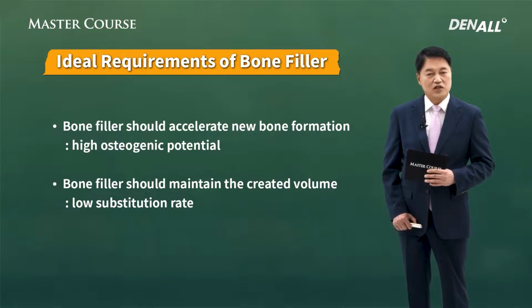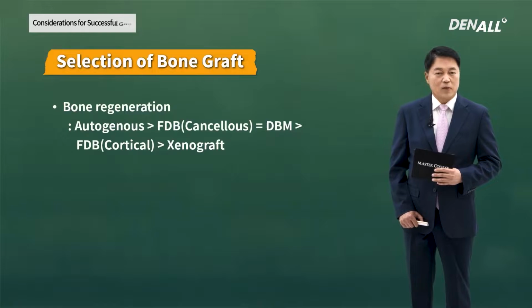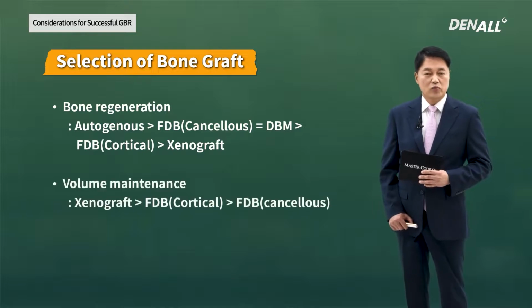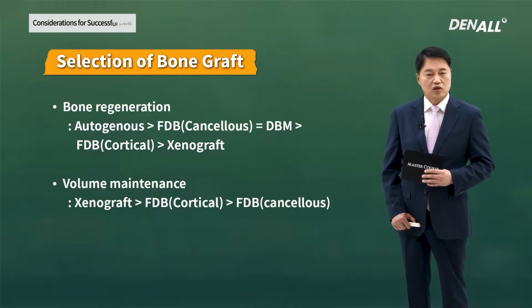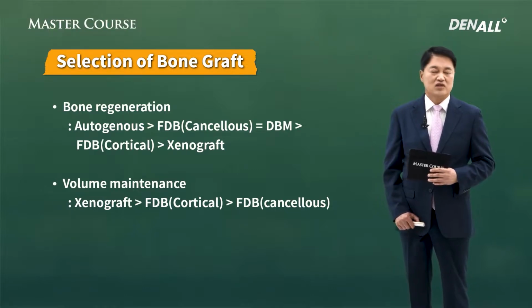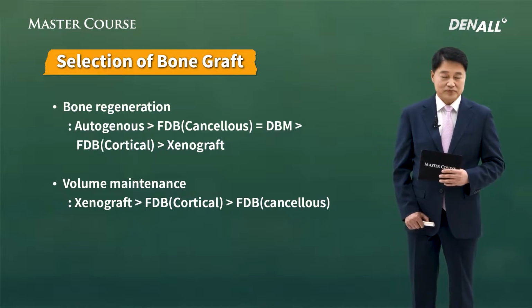Ironically, the two have contrasting concepts. In terms of bone regeneration, autogenous bone is good, and xenograft lacks efficiency. However, in terms of maintenance, xenograft and synthetic material are better, and autogenous bone and allograft fall behind.